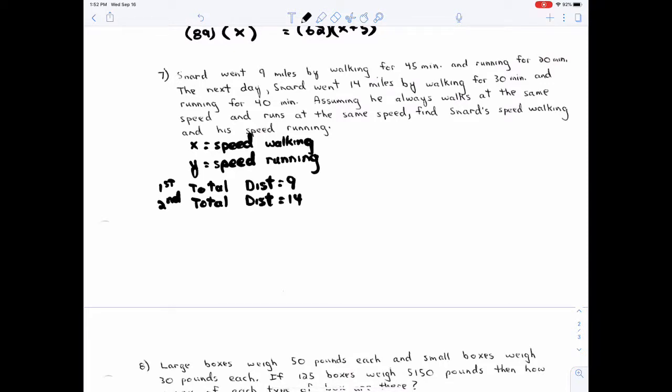Okay, now how do I find each distance? Okay, so we're going to have rate times time. And that's, you know what, maybe I should write it. Okay, it's going to take up a lot of space, but whatever. So that's the distance walking plus the distance running.